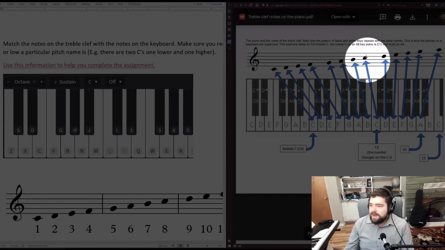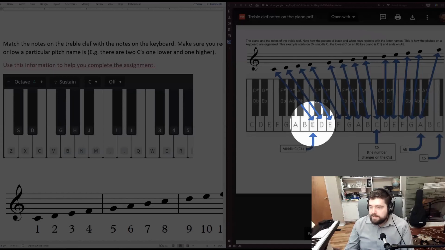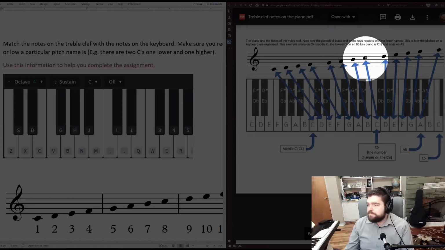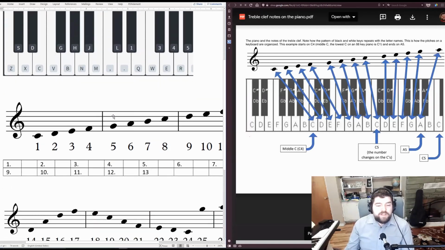That C is higher, and it goes right there. Now on the keyboard, a C is always to the left of two black keys. But we have one that's lower and one that's higher. And that's what I'm talking about with make sure you recognize which C is where.